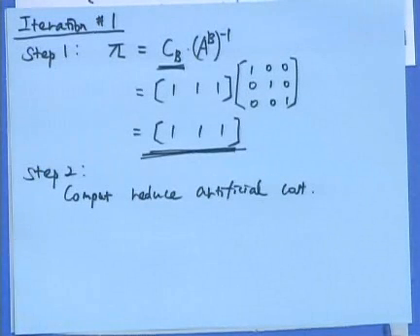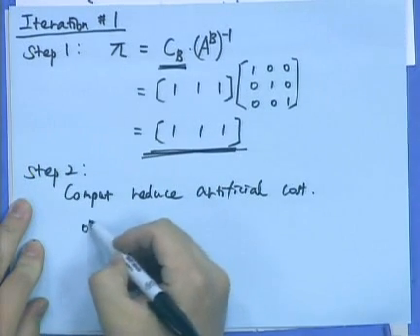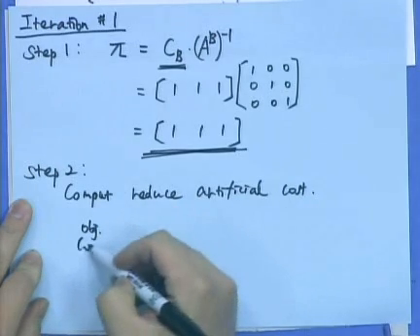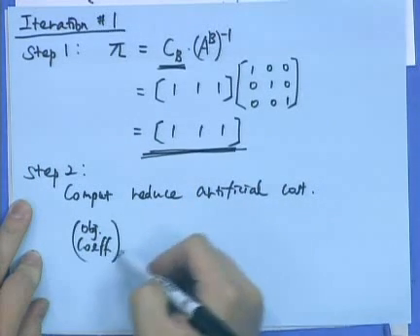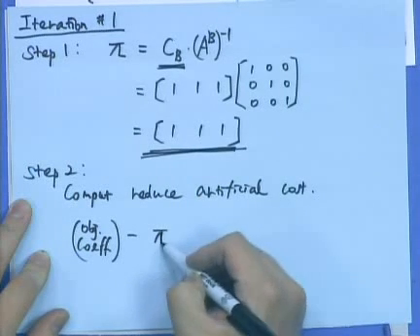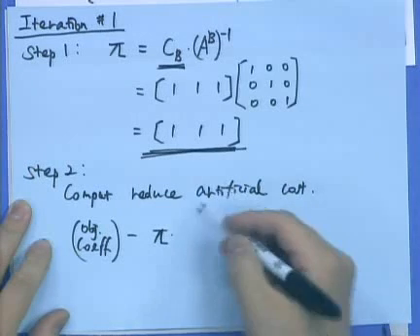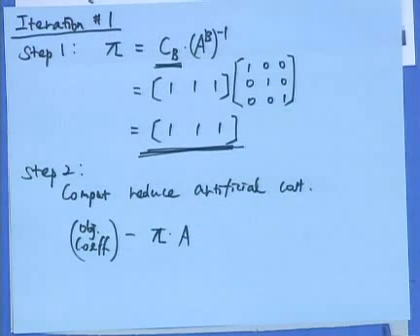Okay? They can be obtained by the objective coefficient minus simplex multiplier pi times the coefficient matrix A, right?